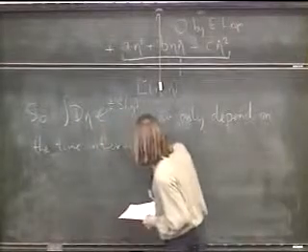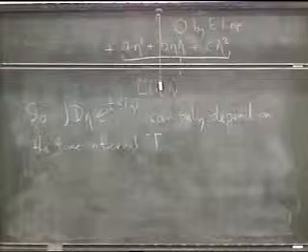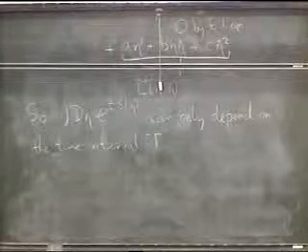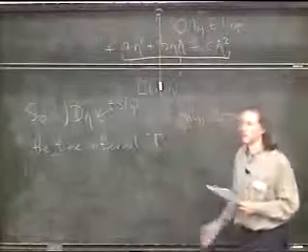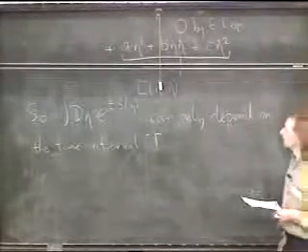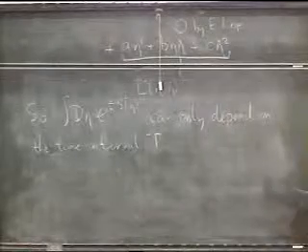So, let's take the general case, the Lagrangian then. So it's a kinetic energy, half m q dot squared, and then you have some potential V of q.